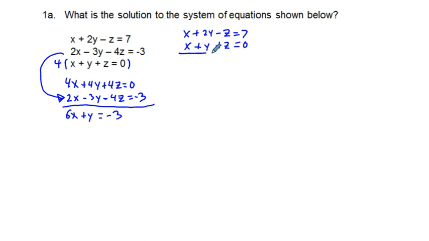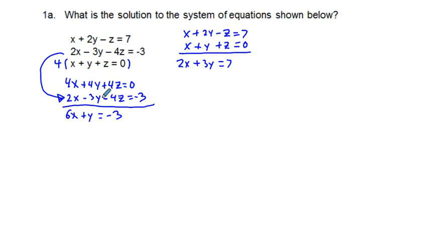We add these equations together and get 2x plus 3y is equal to 7.